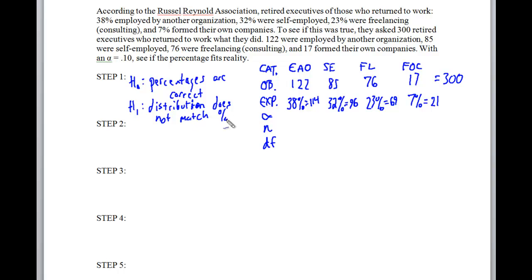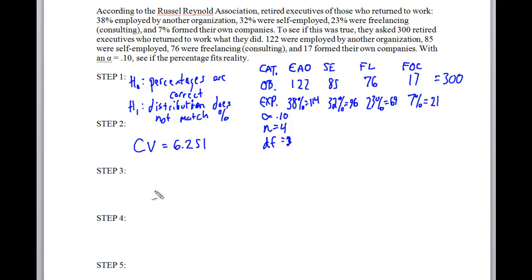The percentage. Okay, so step 2. Step 2, we're going to have 4 categories. So our n is going to be equal to 4, and our alpha is 10%, and our degrees of freedom will then be 3. So according to our table G, where we look at an alpha of 0.10 with 3 degrees of freedom, our critical value is positive 6.251.